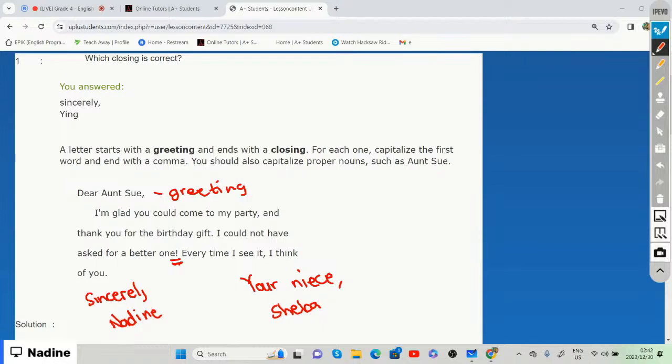We start with a capital letter. We also put a comma before you put your name or you state your name.